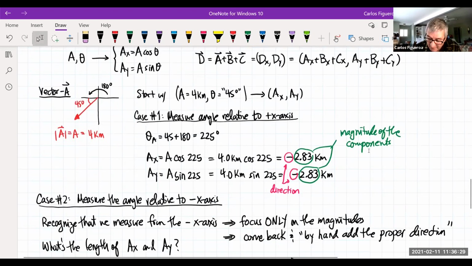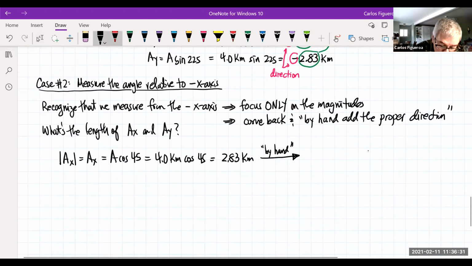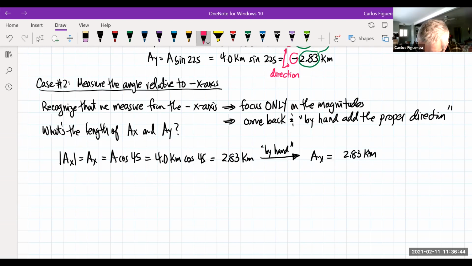So if I now add the sign to it, AX, of course, is 2.83, but that's just the length. Because it's in the third quadrant, we put in the minus sign. So this tells us that it points into the third quadrant.